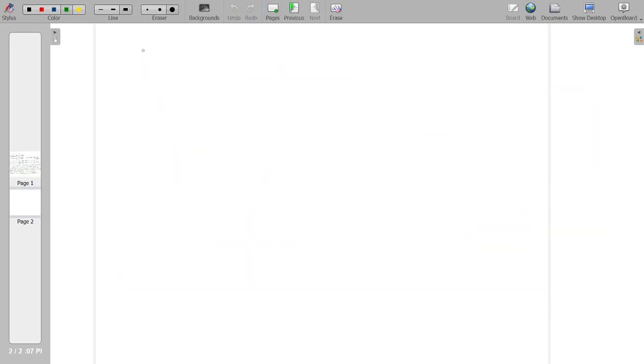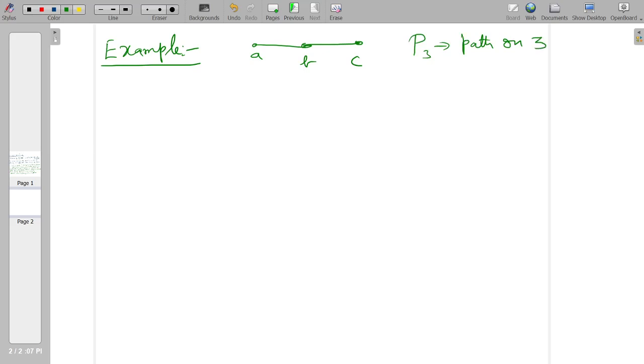Now let me take a simpler example and see what could be the enumeration of the different colorings for this graph P3. This will be A, B and C. This is called P3, a path on 3 vertices.